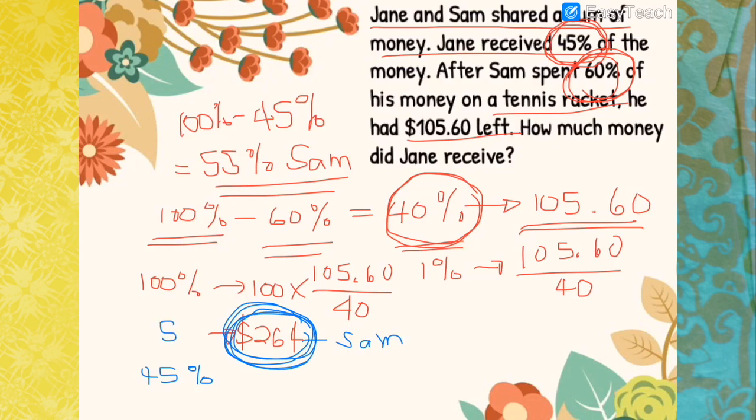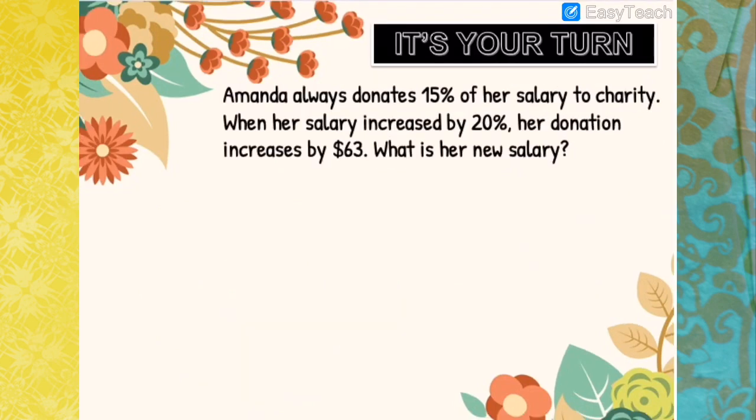Since this is 55%, we just need to divide 264 by 55 to get 1% of the whole money, times 45% because Jane received 45%. Therefore, Jane actually received $216, because 216 is 45% of 264 divided by 55. Now it's your turn.